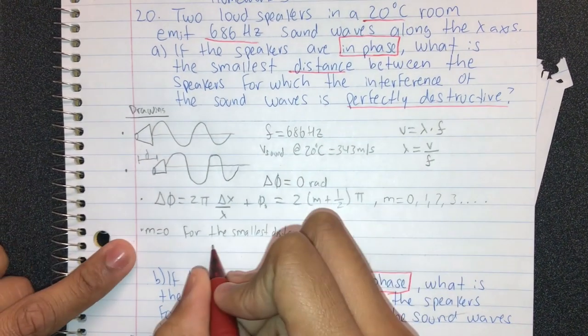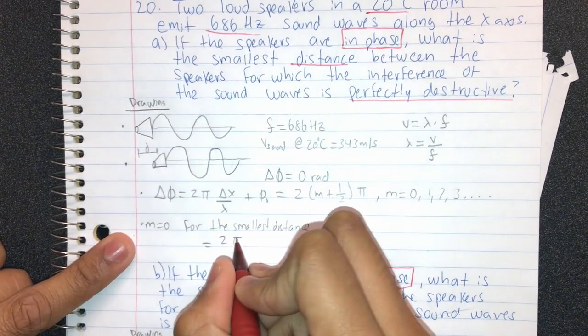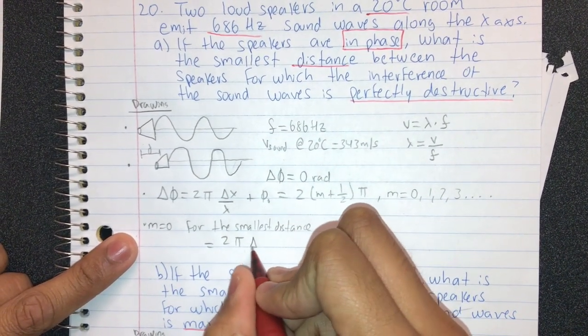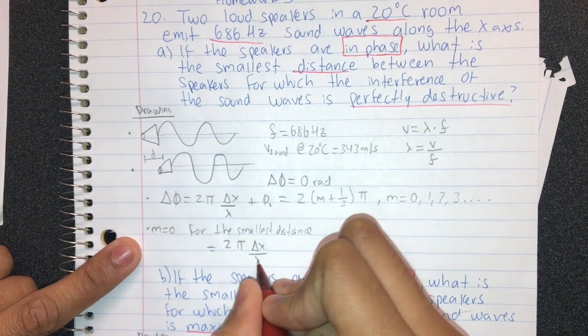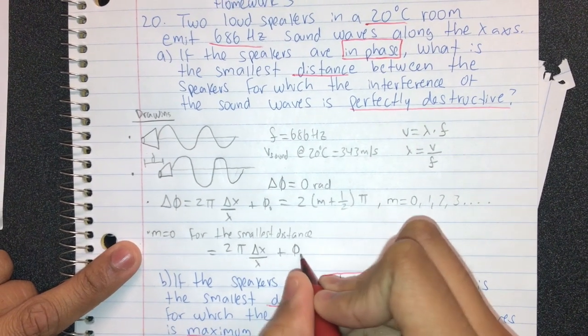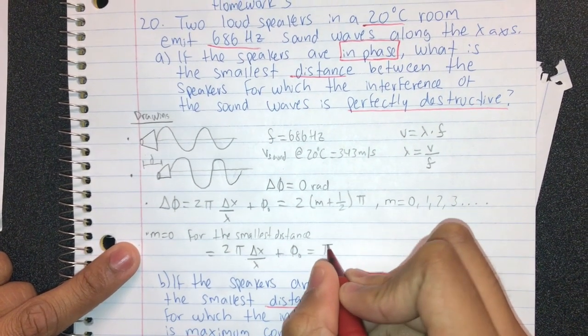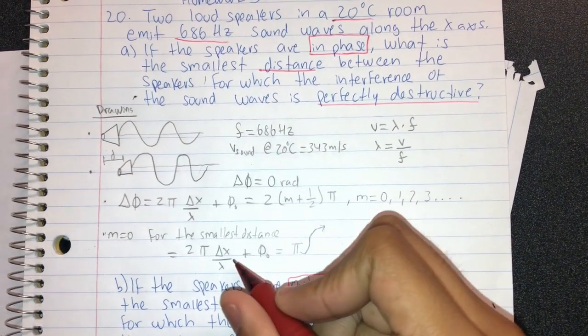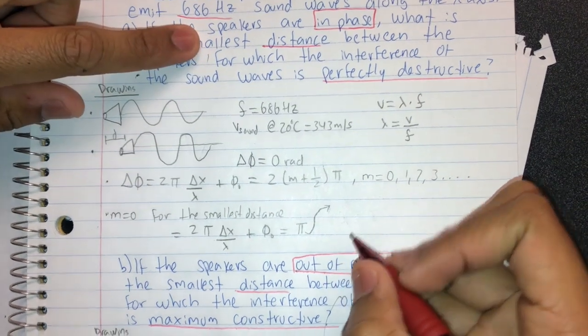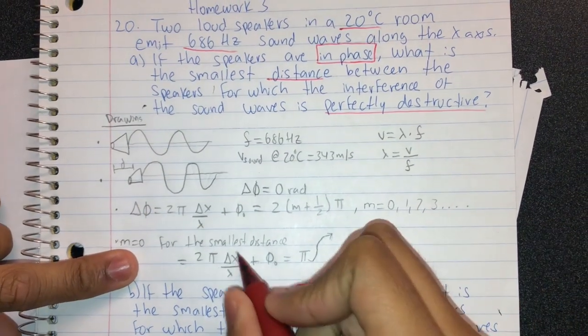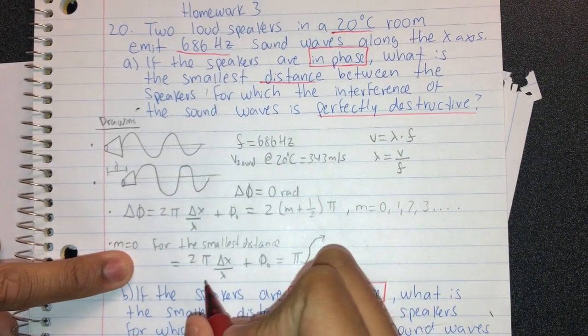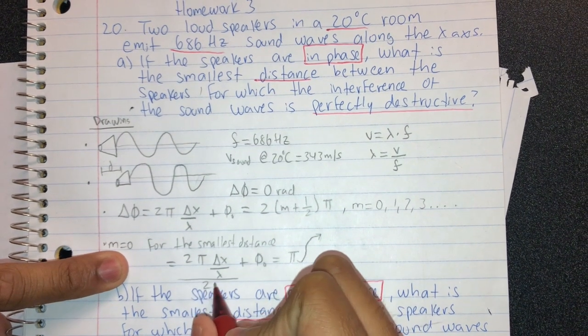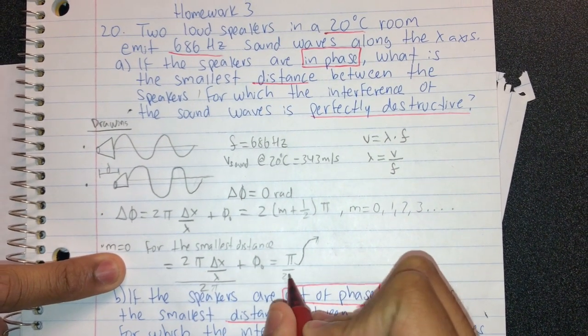And this is going to give us 2 pi delta x over lambda plus phi naught equals pi. So now we're looking for delta x, which is our smallest distance. From this, we have to isolate delta x. By doing that, we have to divide by 2 pi on both sides.